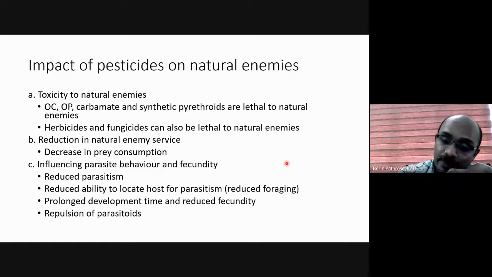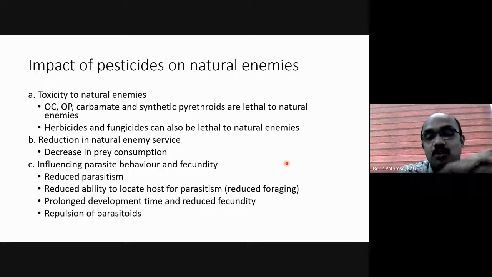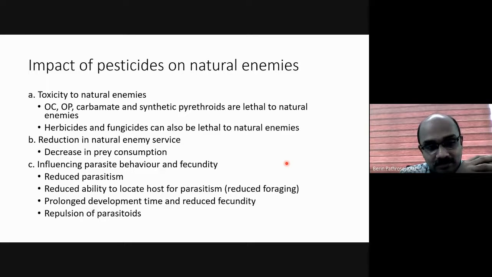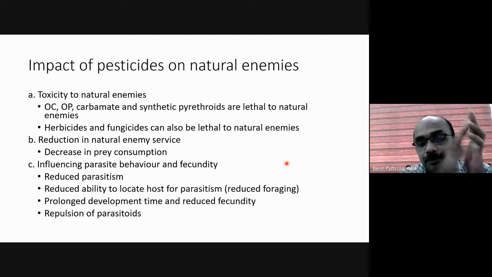And use of pesticides can reduce the foraging ability, that means the predator or parasitoid won't be able to locate its host insect. Sometimes the use of pesticide can reduce fecundity and prolong the developmental time.